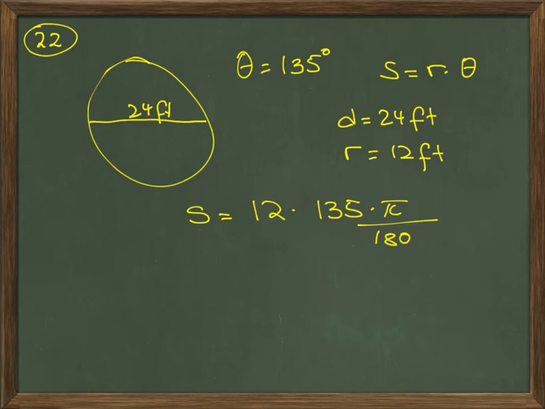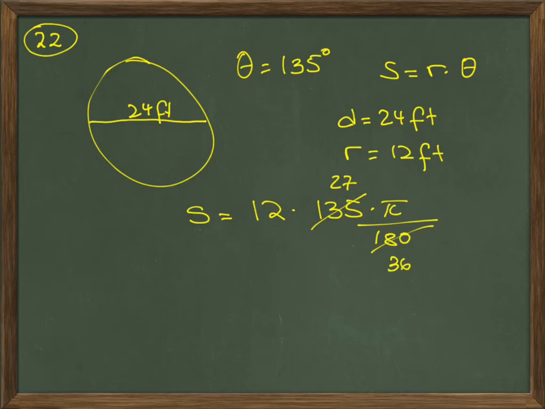Now take a look at your answers. We're going to keep it in terms of pi. So now we have to reduce. Let's reduce the 135 divided by 5 first is 27. 180 divided by 5 is 36. Okay.